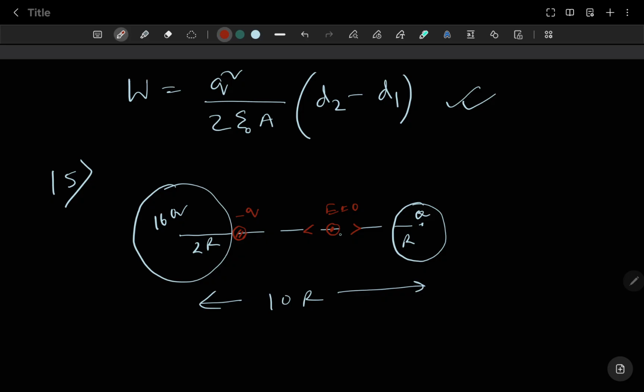So the net force on the charge at this point will be 0, and if it just overcomes this point, this charge minus Q, then the attraction of this charge will be greater than this one, so it will easily reach this sphere. Okay, so our agenda is to throw this minus Q charge up to the neutral point. Once it overcomes this point, then it will automatically be attracted towards the smaller sphere.